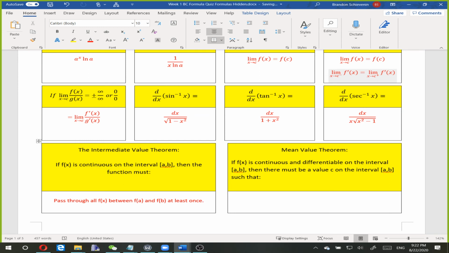Okay, over to Kyle. For mean value theorem, our function must be differentiable, again, on our interval between a and b. It says there must be some value c between a and b, so that's an x value, such that what is true?